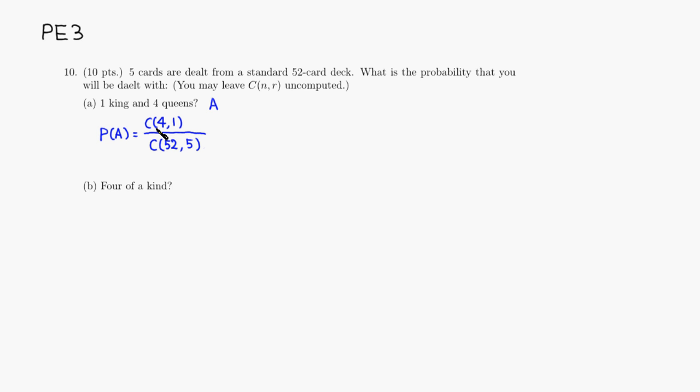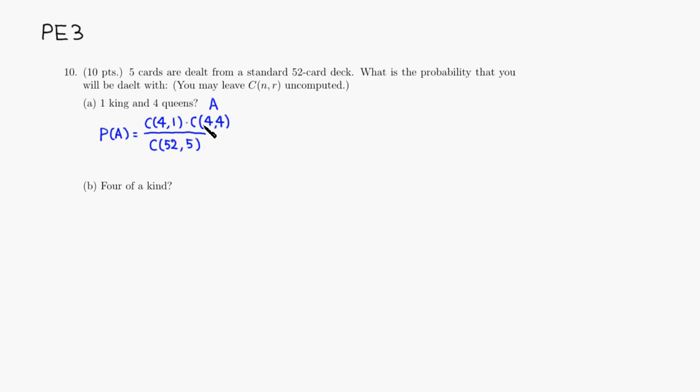Then the number of ways to pick the queens would be, actually there's only one way, because you have 4 queens total, but we have to pick all 4 of them. So this is going to be 1 anyway, but I'll put that in because we're picking 4 queens from 4 queens available. So that's part A.